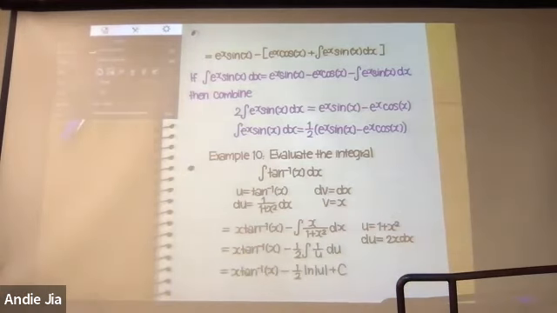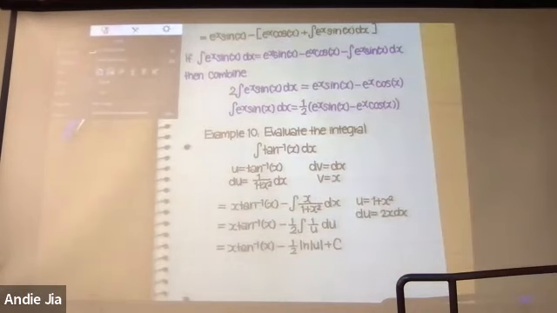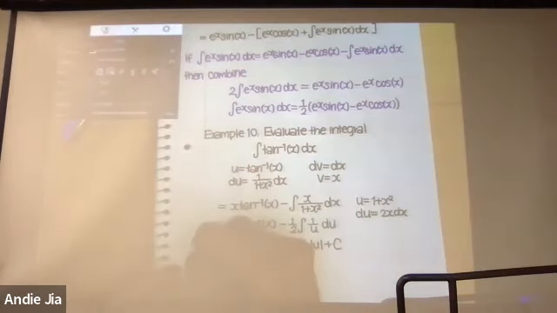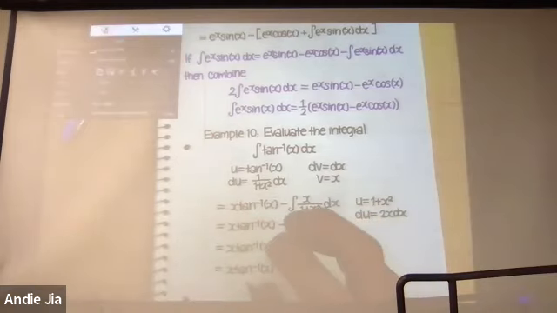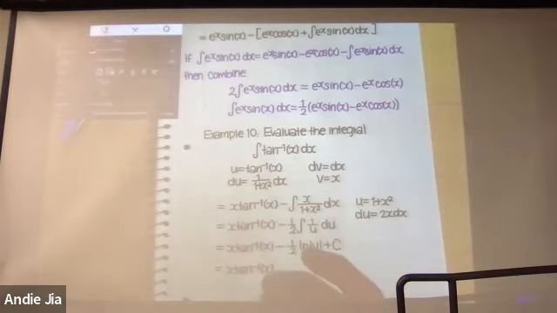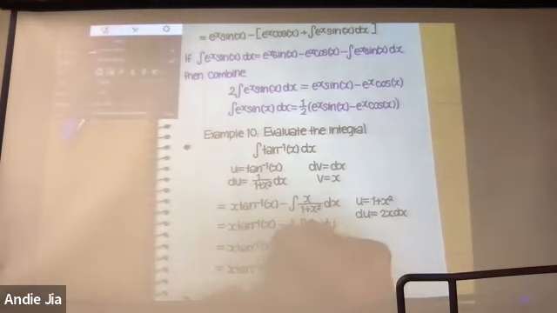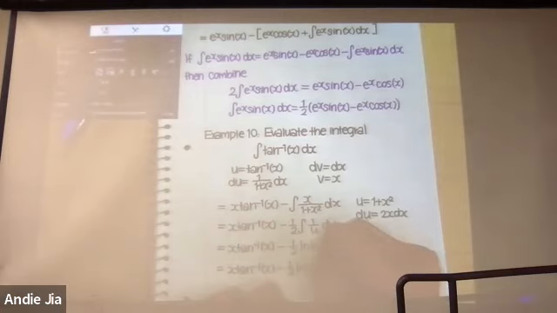When you use substitution for an indefinite integral, always replace the term back. My answer is x times inverse tangent of x minus 1 over 2 natural log of 1 plus x squared plus constant of integration.